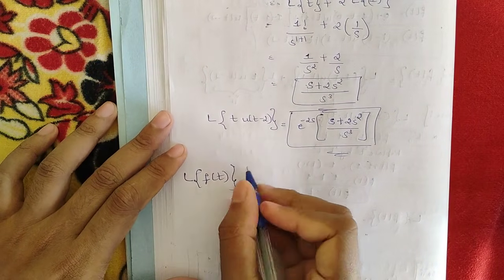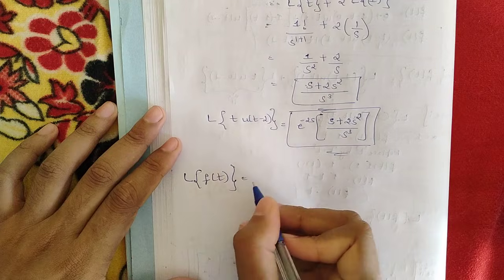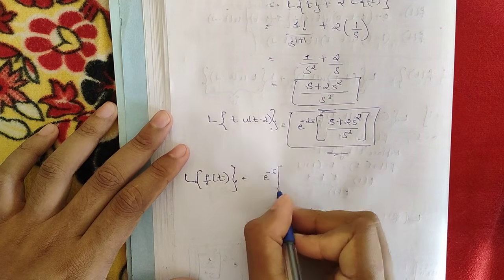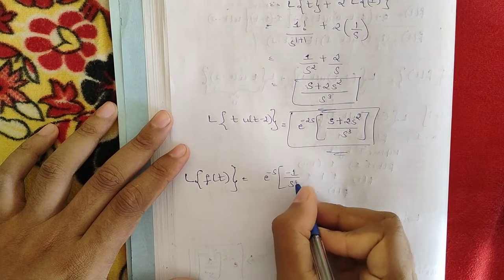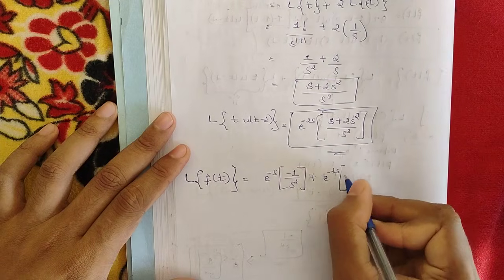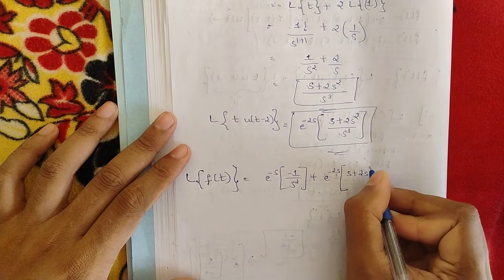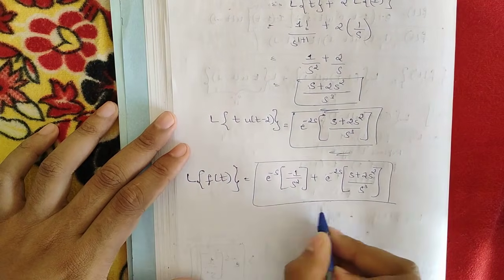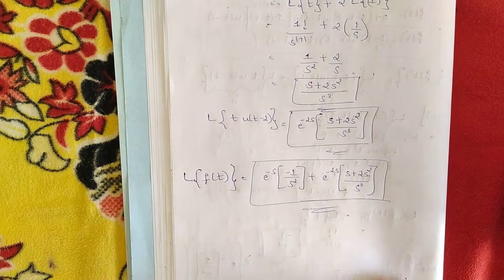That is, first case what you have got, e to the power minus s into minus 1 by s square plus e to the power minus 2s into s plus 2s square by s cube. Okay, so this is our final answer after adding both the cases.